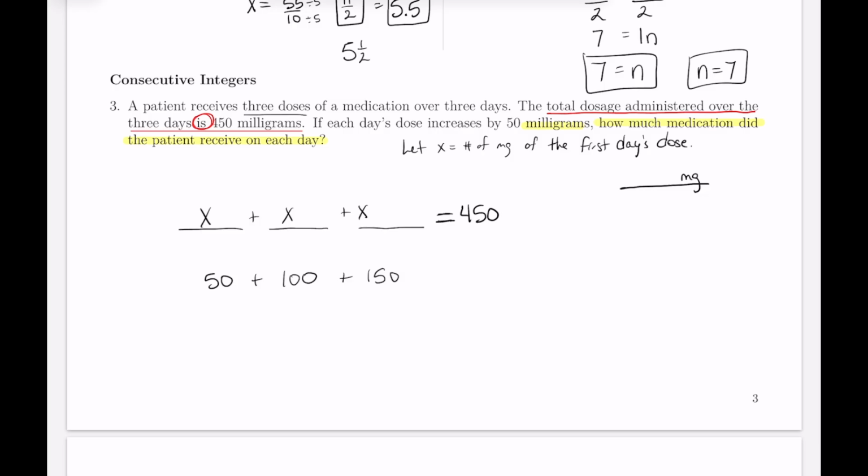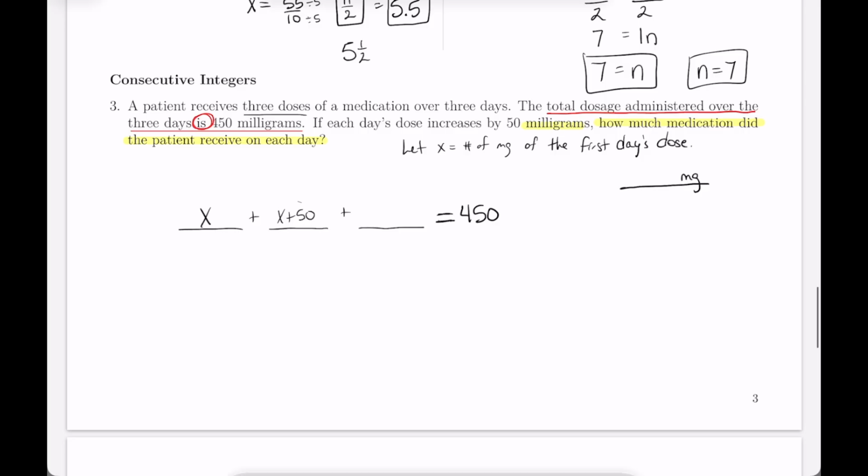Well, notice what I'm saying is I have the first amount and then this next one is actually just the first one plus 50, right? And then the next one is actually the previous number plus 50, right? So what if we said the first day is X, the next day is X plus 50, and the next day will be 50 more than that, right?